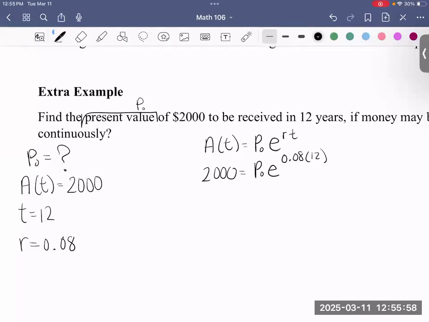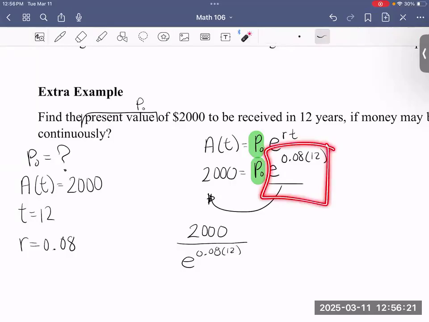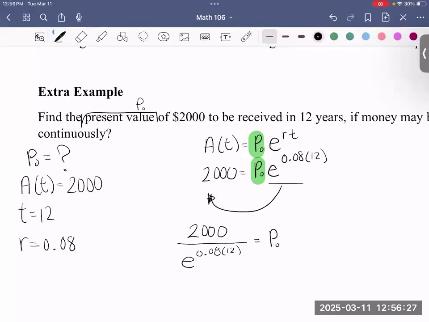So if we are just trying to solve for P naught here, we can divide everything over to the other side. So we should have $2,000 divided by e to the 0.08 times 12, because this is some sort of numerical value and we're trying to solve for P here. You'll notice that I am not rounding yet.